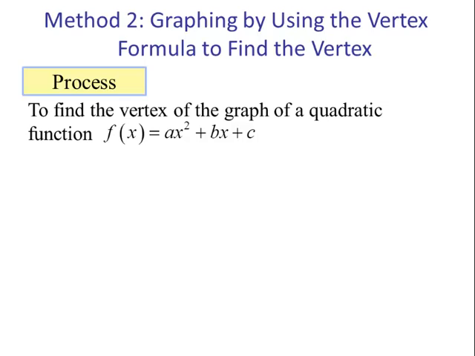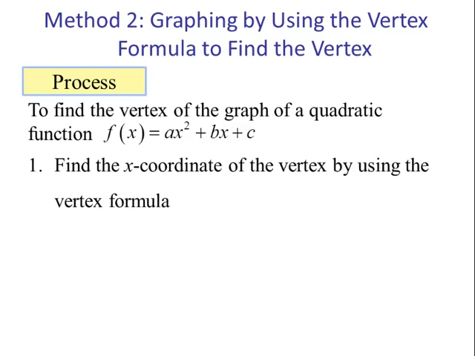Method 2. Graphing by using the vertex formula to find the vertex. Process: to find the vertex of a graph of a quadratic function f of x equals ax squared plus bx plus c. Number 1. Find the x-coordinate of the vertex by using the vertex formula, x equals negative b divided by 2a. Number 2.